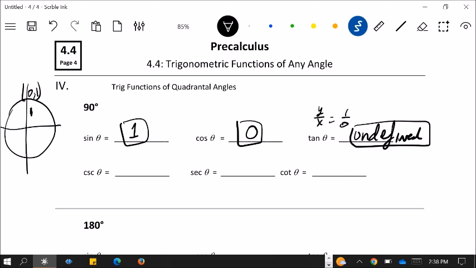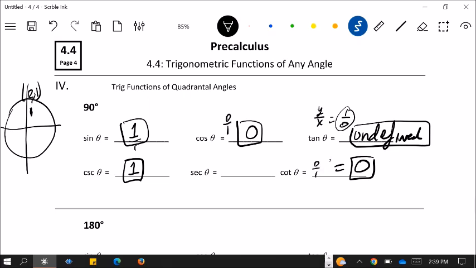Now for the reciprocal of tangent, we can switch these and do 0 over 1. So it's perfectly welcome then to say that it's 0. Since sine is 1 over 1, the reciprocal is 1 over 1, so cosecant is 1 also. Here, the cosine was 0 over 1.